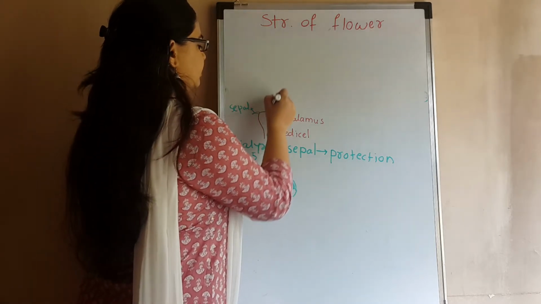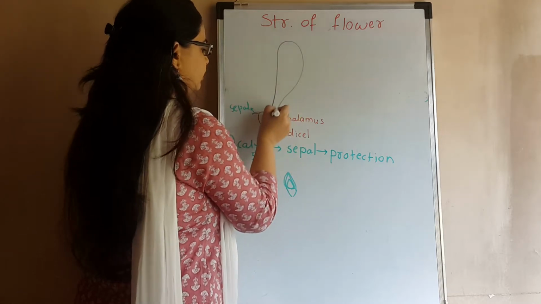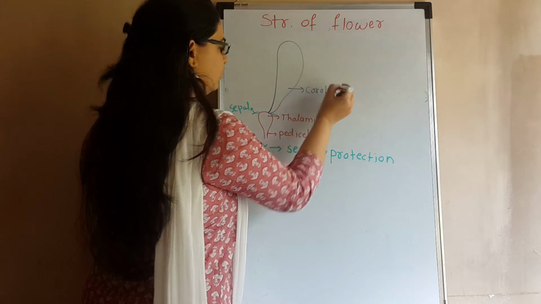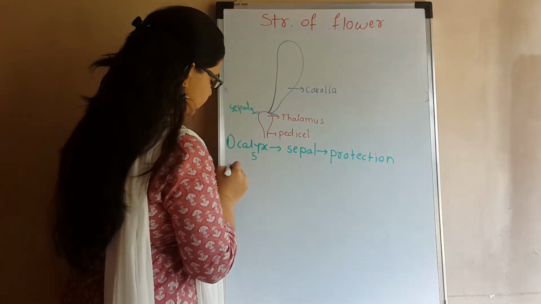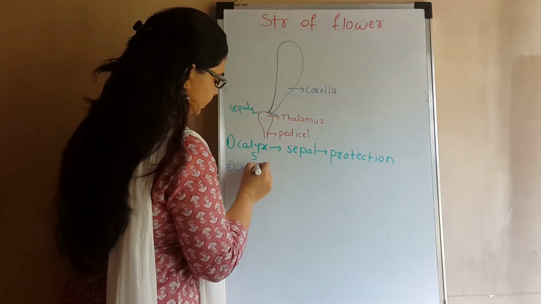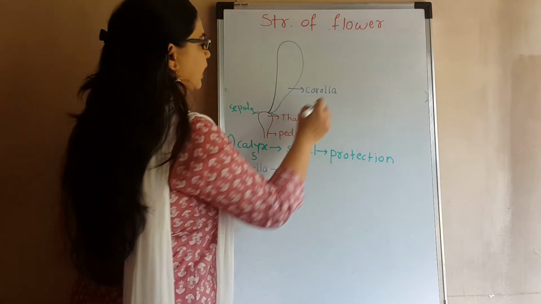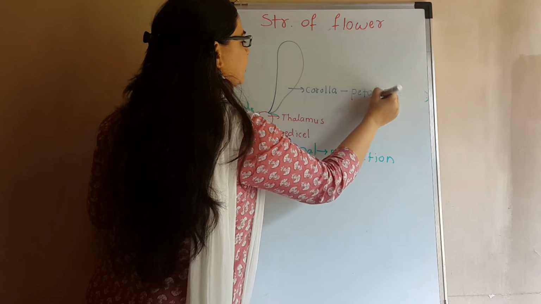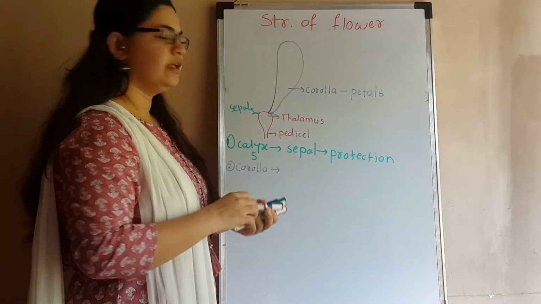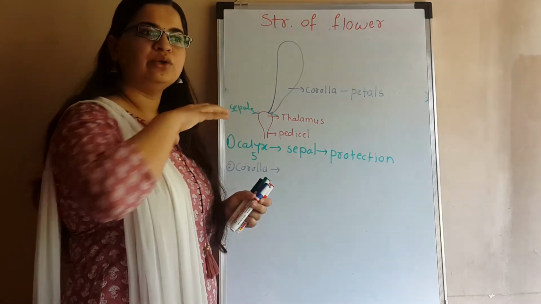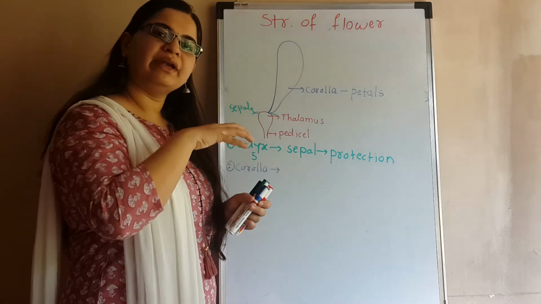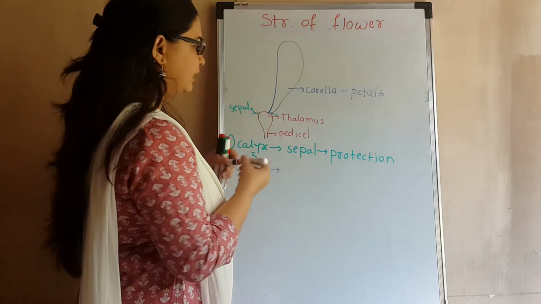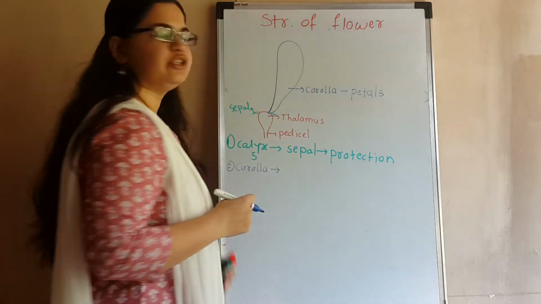Now the next whorl, next to the calyx, would be the corolla. The member of the corolla would be petals. Again, one is a petal, and altogether there are many petals. They are represented as a corolla. What could be the function of petals?